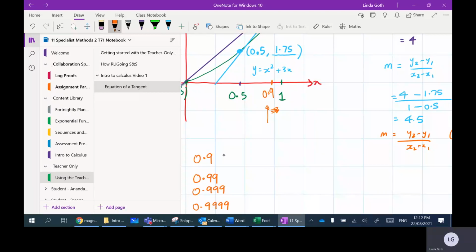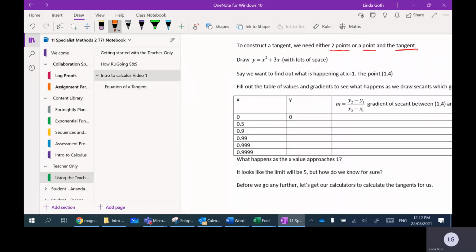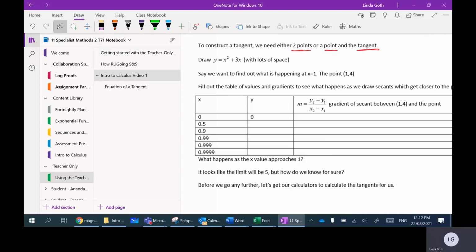You're going to keep finding the associated y value for each of these, and then you're going to use the formula m equals y2 minus y1 on x2 minus x1 to find the gradient of the tangent between those 2 points, and you're going to hopefully see a pattern. You might like to put your answers into a table like this. So pause the video, do that, and then let's come back together.